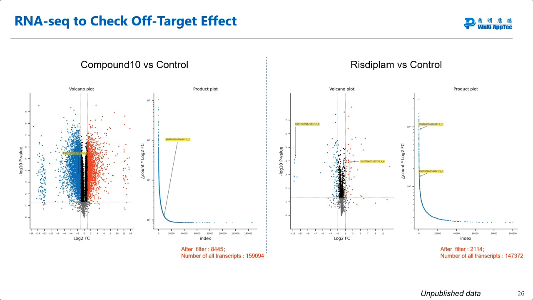Thus, compound 10 seems to be less specific than risdiplam, indicating further optimization of this compound is needed to increase the efficacy and also the specificity.